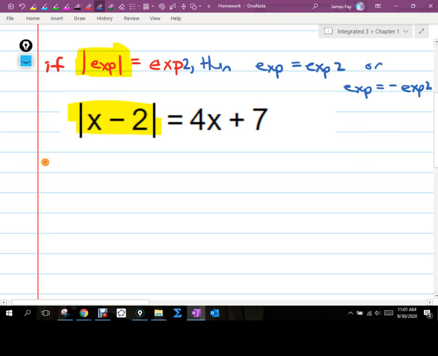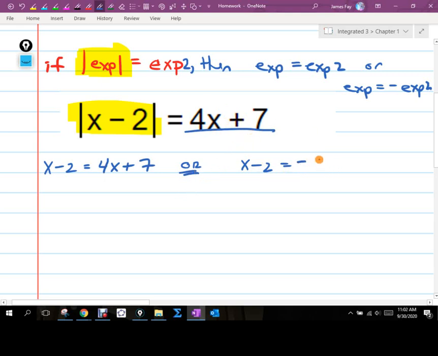We've got an isolated absolute value, so I'm going to say x minus 2 is equal to 4x plus 7. Okay, and then I'm going to write or, and I'm going to say x minus 2 is equal to, now I've got to take the opposite of this expression. So it's a quantity, right? It's multiple things.